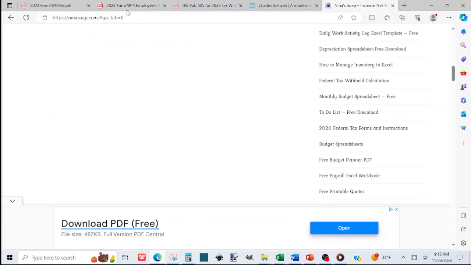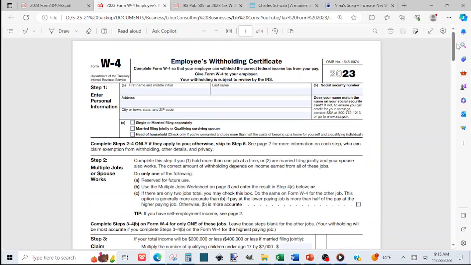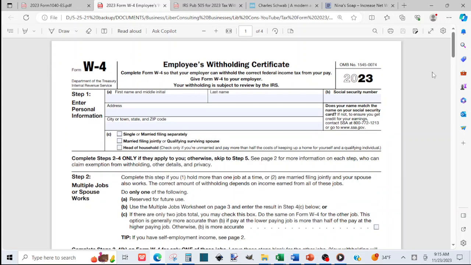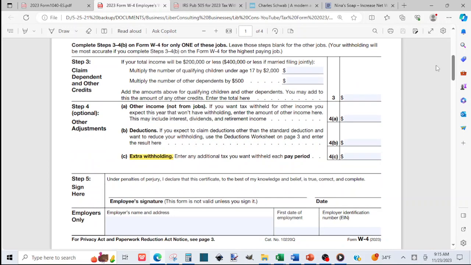And we can look at an example of a W-4. That's the employee's withholding certificate, and you can update that anytime with your employer. More specifically, it is going to be step 4, row C. In 4C, you'll put the extra amount that you want your employer to withhold from your paycheck.